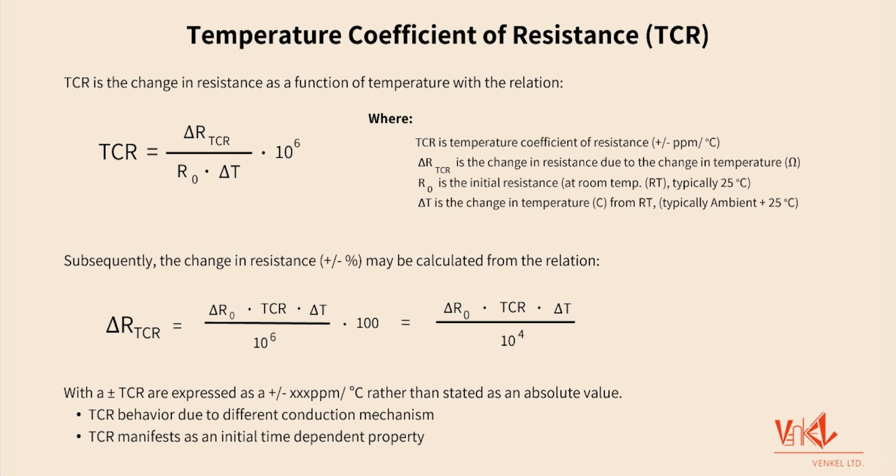Positive or negative TCR values indicate whether a resistance increases or decreases with temperature changes. The second equation shows how to determine the percentage change in the resistance based on TCR, initial resistance, and the temperature change, delta T. For example, a higher TCR value combined with a large temperature shift can result in a significant resistance variation affecting the resistor stability.